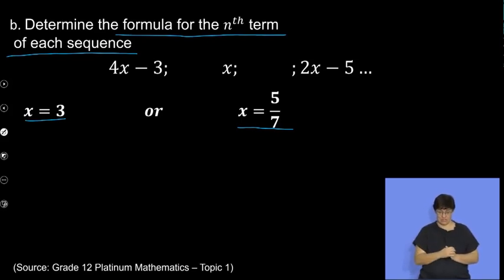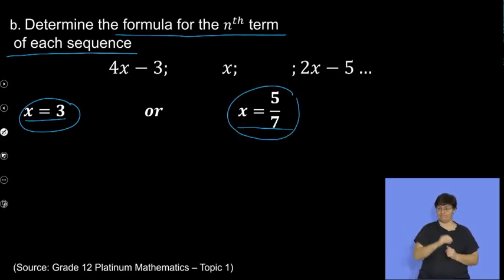And I'm only going to be able to determine the nth term for each sequence by substituting in the respective x values, as this will help me find a and r. So for each case, I'm going to substitute in x is equal to 3 for the pattern.